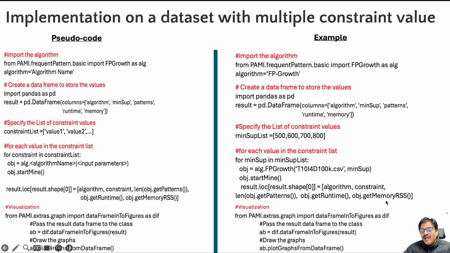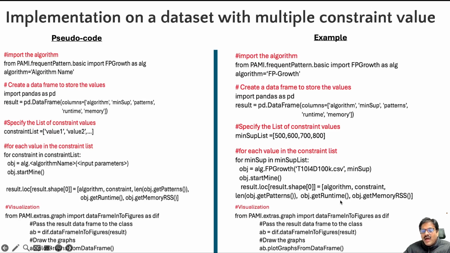Here is a small code on how to use an algorithm on a data set at different values. Here we are using the FP growth algorithm at different minimum support values. You can see that at each minimum support value, I am executing the FP growth algorithm and getting the results.